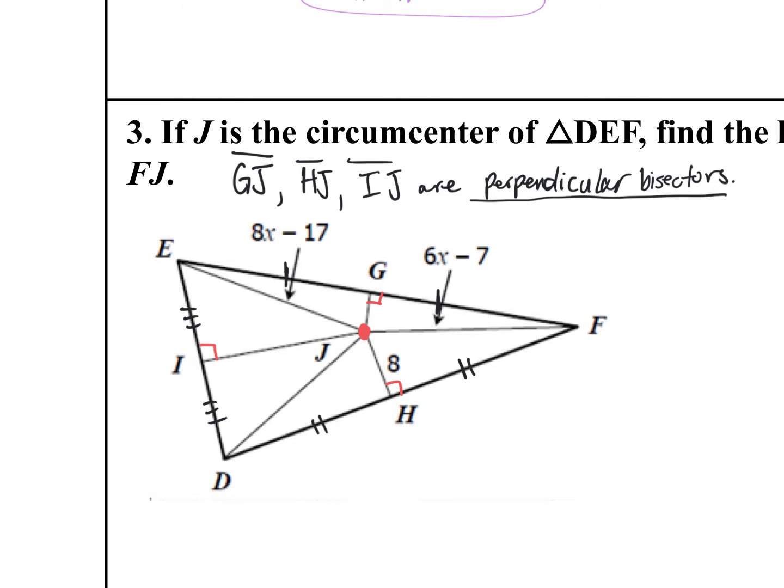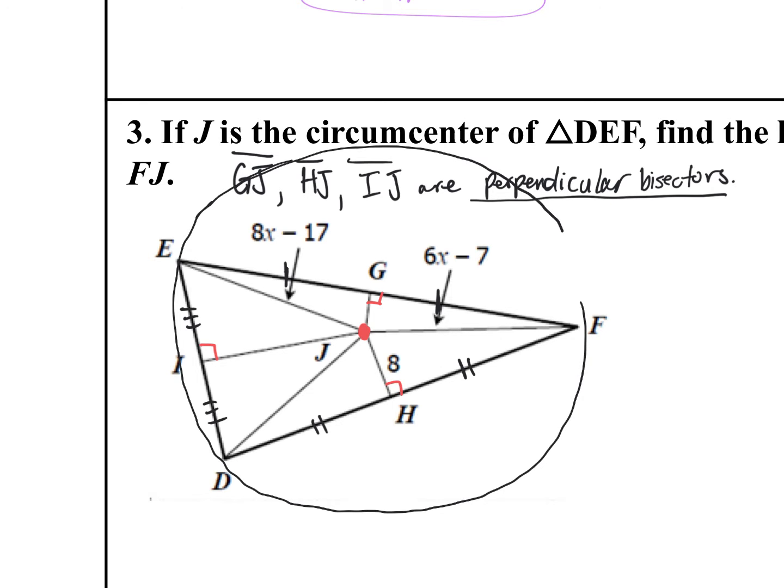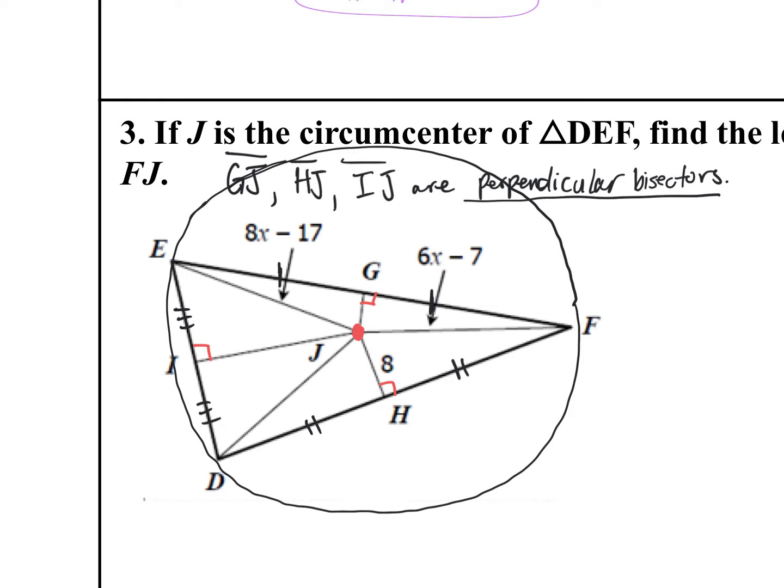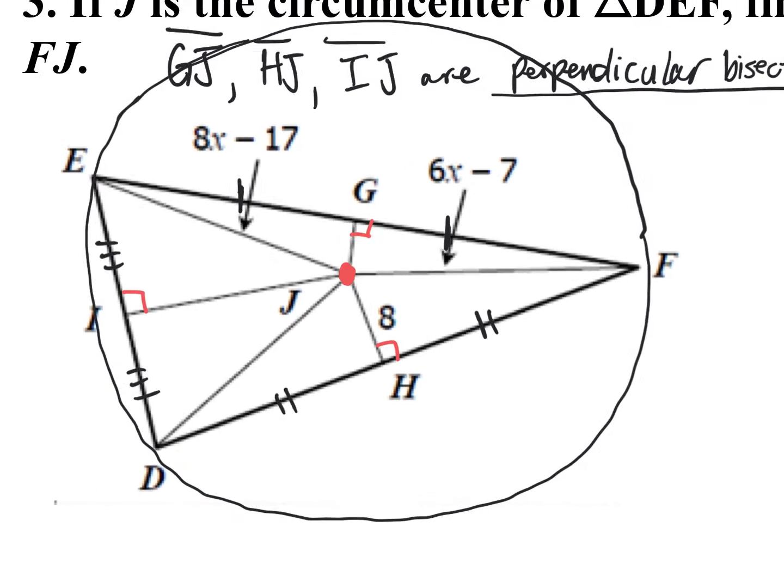Let me just do it this way then. It is the center of a circumscribed circle. I know it's not perfect, but that's okay. All right, that's as best as I can do.